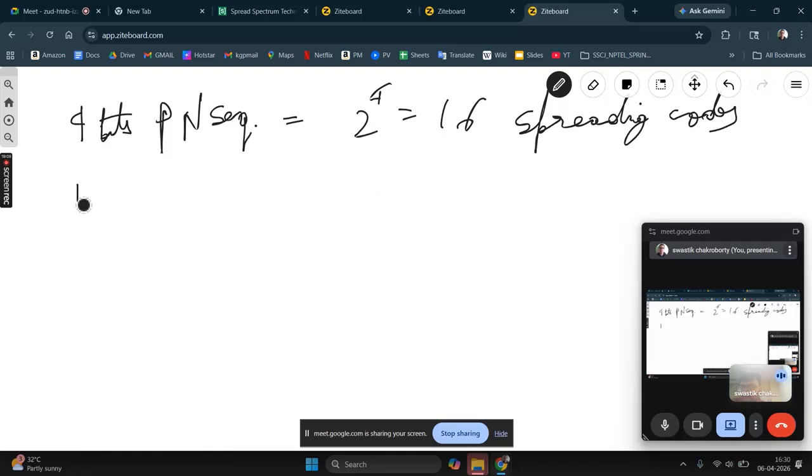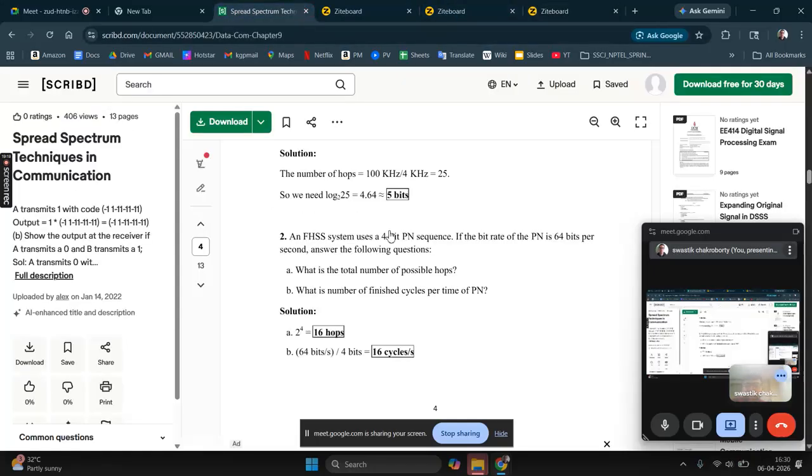Thus, the number of hops will also be 16. At most 16. It can be less than that, but it will never be more than that. So the number of hops is 16.